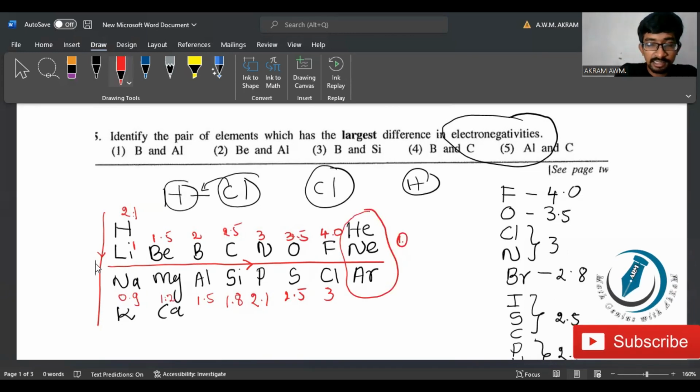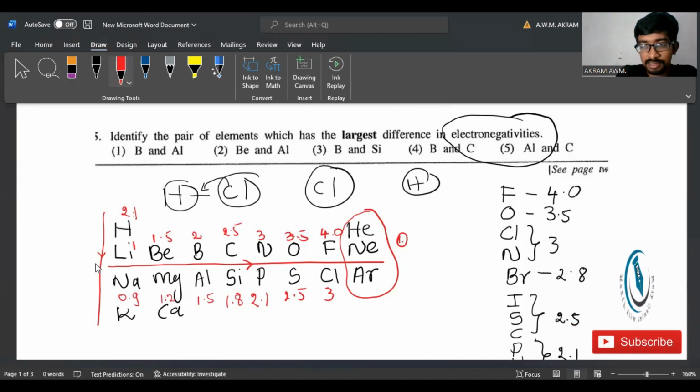So in this case, we can identify all the elements' electronegativities through this.